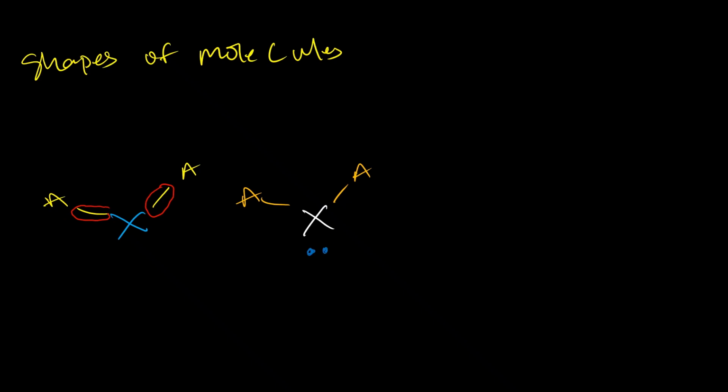So this lone pair of electrons here also contributes additional repulsion force. So that as well contributes to the shapes of molecules because it reduces the bond angle by 2.5 degrees. We are going to see how that is applicable in different shapes of molecules in a jiffy.